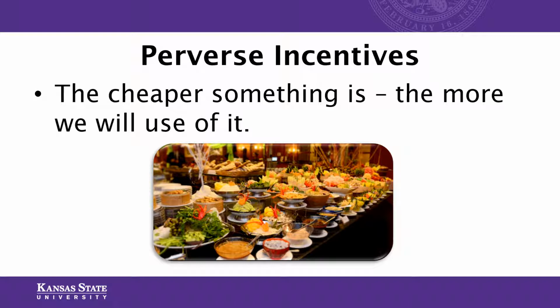And so then we're going to be perhaps less worried about running our air conditioner at a low temperature, leaving lights on, etc. So an example would be when we switch from an incandescent light bulb to an LED light bulb. What might happen is instead of reducing the amount of energy that we use, we might actually prefer to create more light. We might leave more lights on or for a longer period of time, and therefore we're not really doing much in the long run to reduce our carbon footprint.